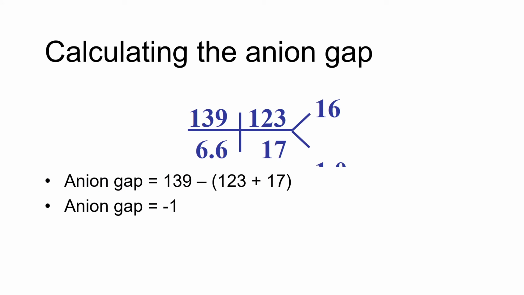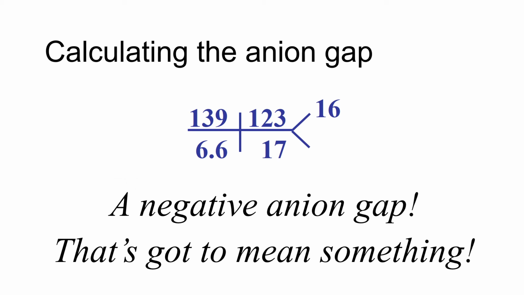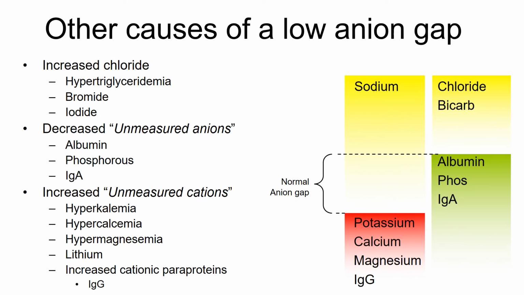The anion gap is a little negative in this patient, and sometimes that could be a pretty surprise in some of your patients. The low anion gap can sometimes be seen in certain conditions. It's most commonly seen when the chloride levels are very high, right?